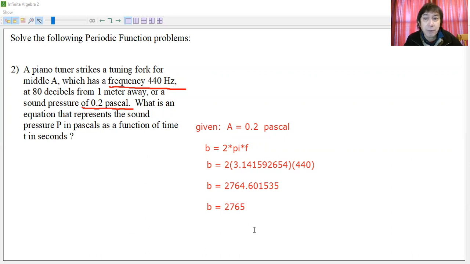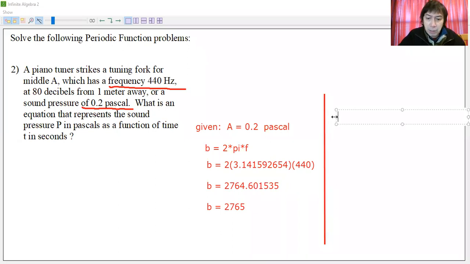Using the format for the equation, okay, we shall be able to write the equation. All right, so let us write the equation. We have here P of t, this will be equal to the amplitude A sine Bt. It's like that, okay?